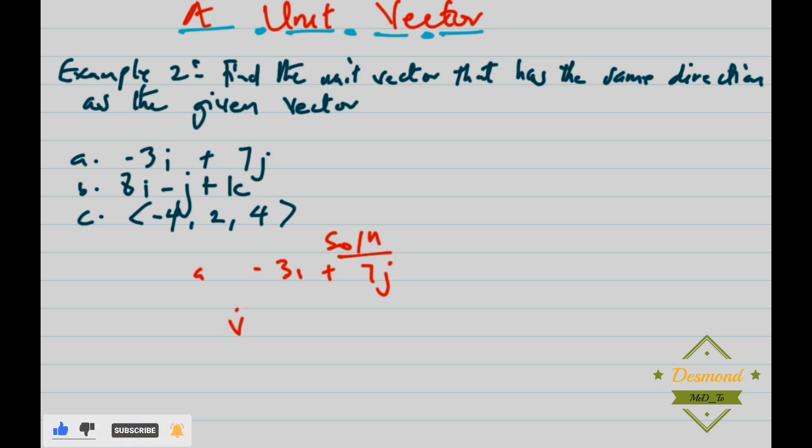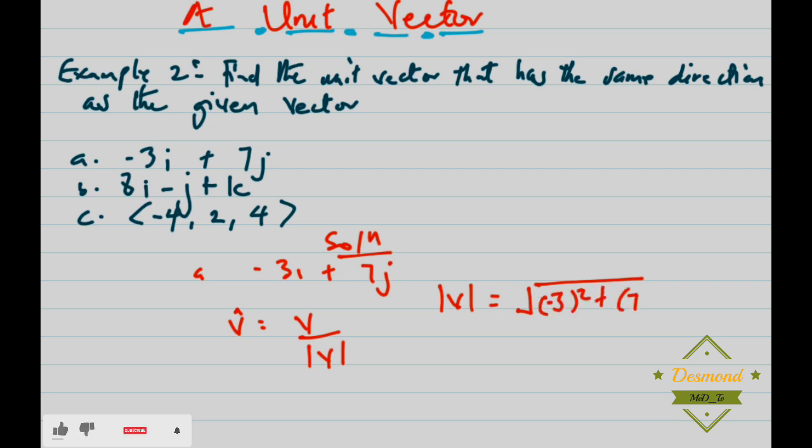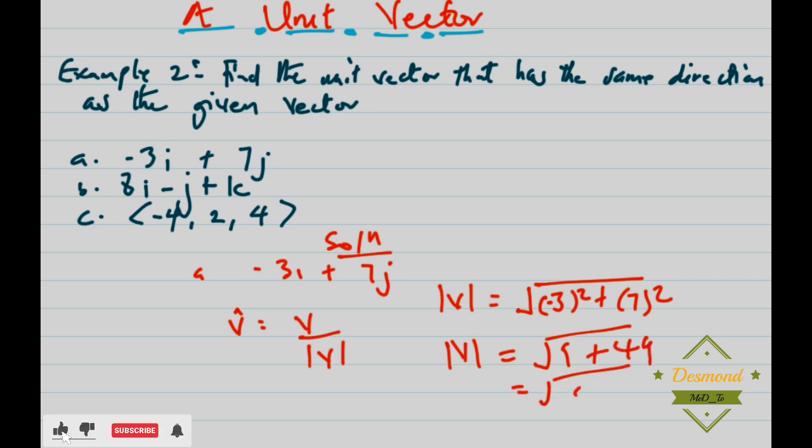The unit vector is the vector divided by its magnitude, right? So let's find the magnitude. It should be equal to the square root of negative 3 squared plus 7 squared, which is 9 plus 49. Then we get 58, right?